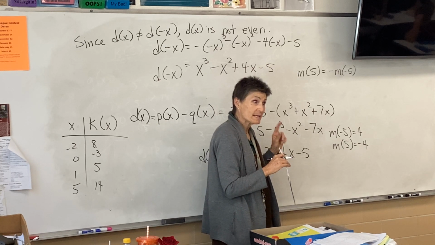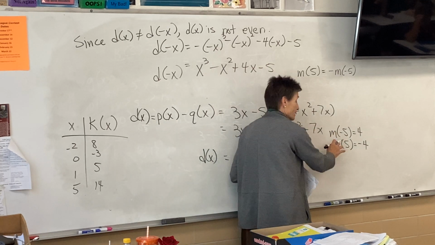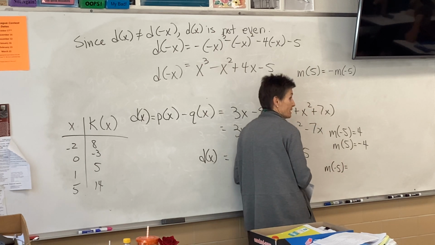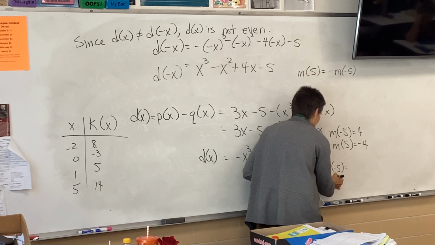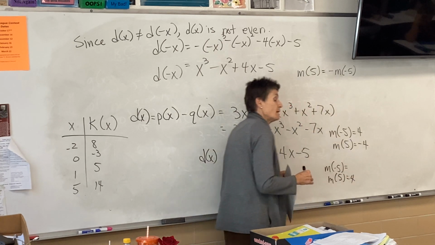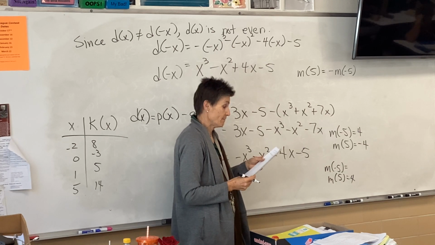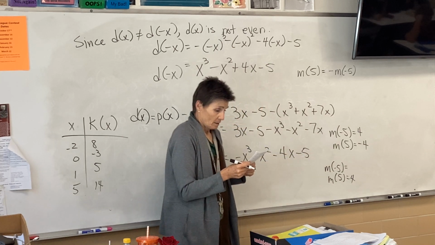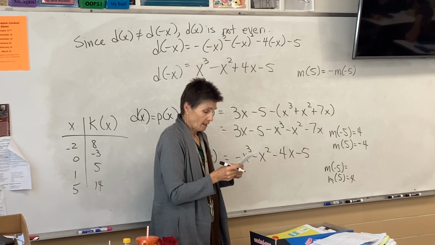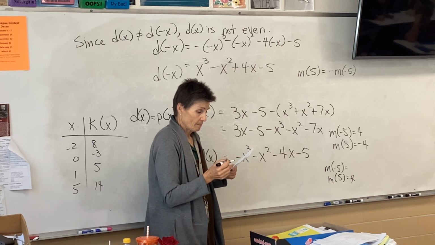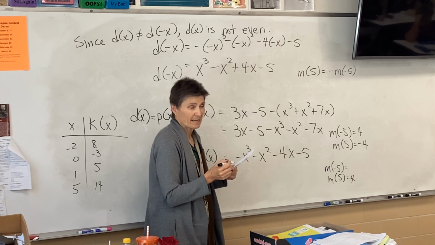Now, if this were even, this is odd. If it were even, what would m of 5 be? M of 5 would be the same thing if it were even. All right, how about m of negative 1? I don't know, what's m of 1? Negative 1.5.